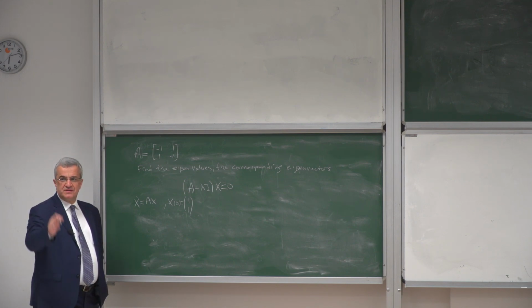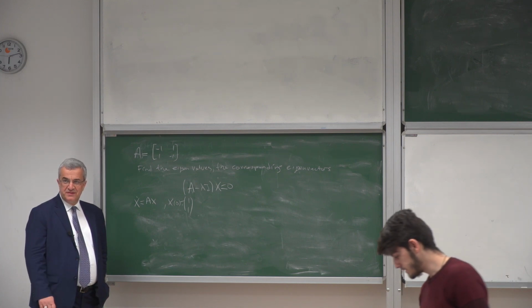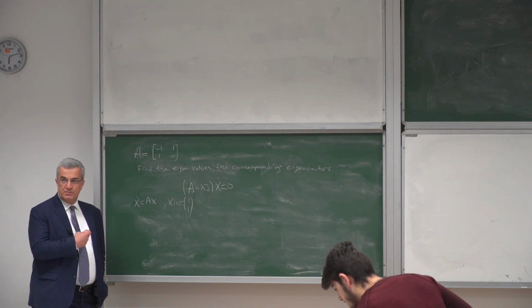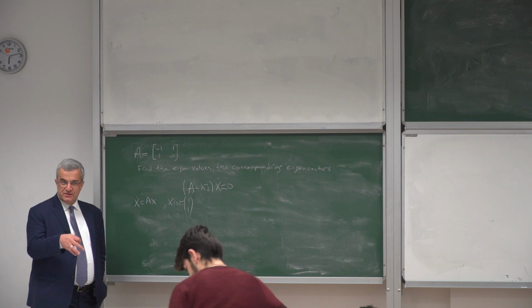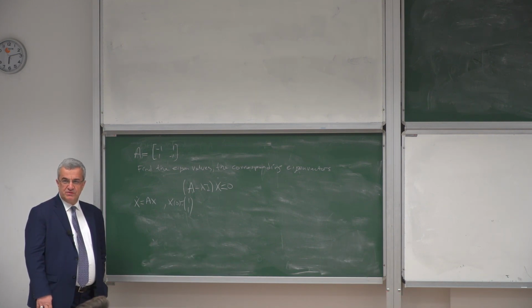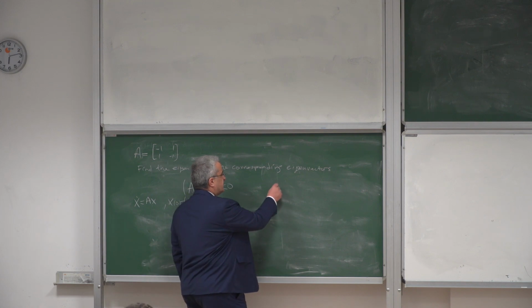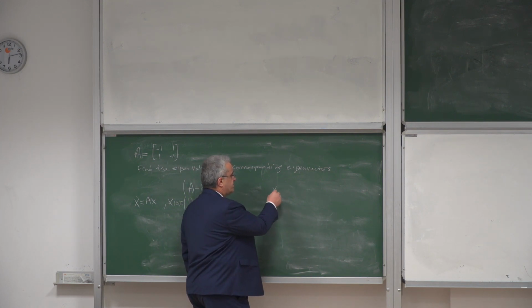Any idea? Yes. How can x equal 8 times x? I don't understand. You don't understand this? I talked about this before. You remember? This is how eigenvalues and eigenvectors came into the picture.